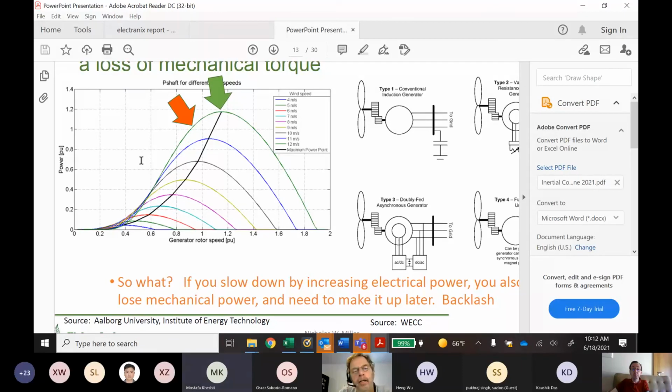The other thing, though, is the frequency, right? The slip frequency. On this drawing, by the time you get to a slip frequency of 0.7, so it's negative 30%, the frequency at which you are exciting the rotor is now 30% of nameplate, and at under frequency, you have power going into the rotor.